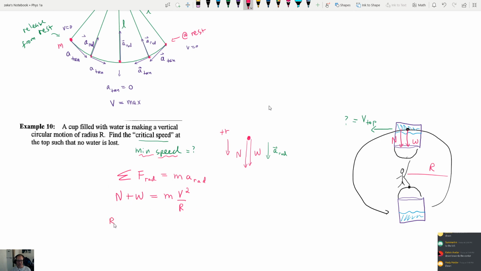So I can multiply r over m times N plus W, and that should be equal to the velocity squared, which we can square root both sides. And we get our velocity at the top. We can call this v top if we want to.